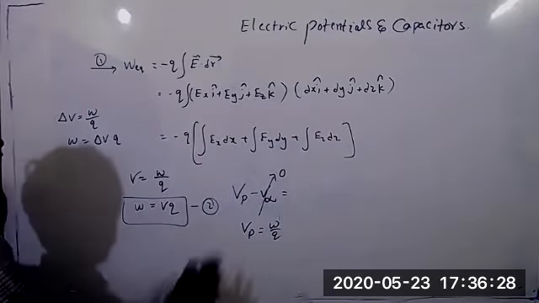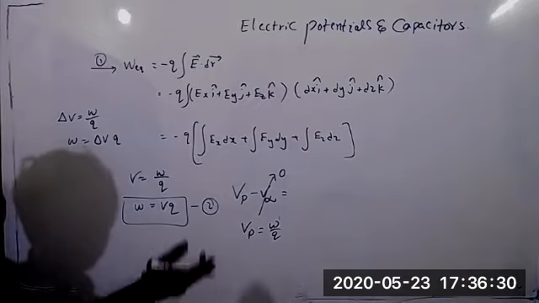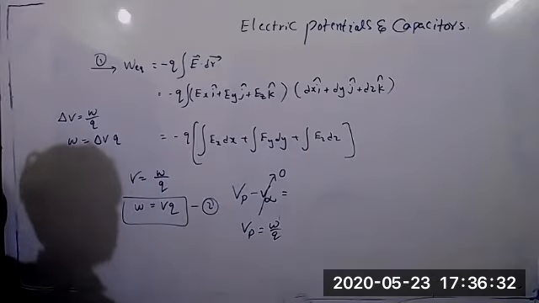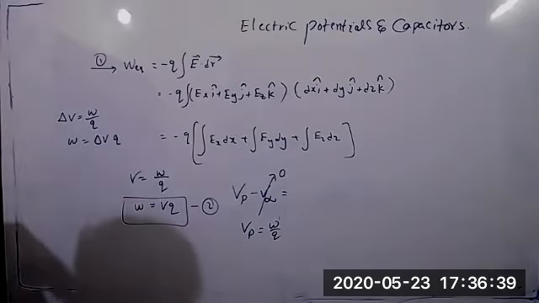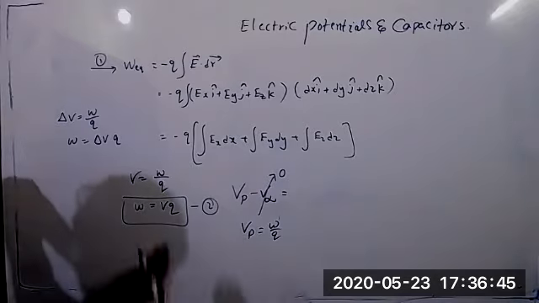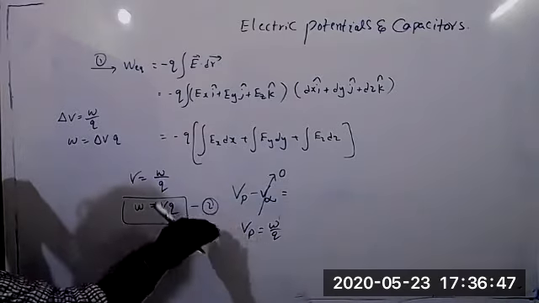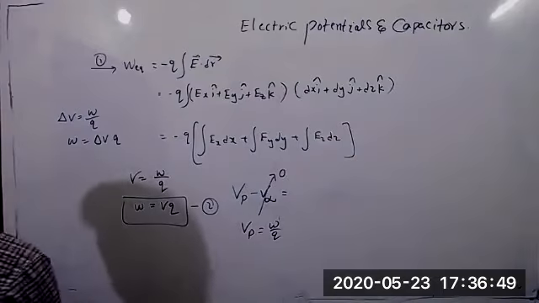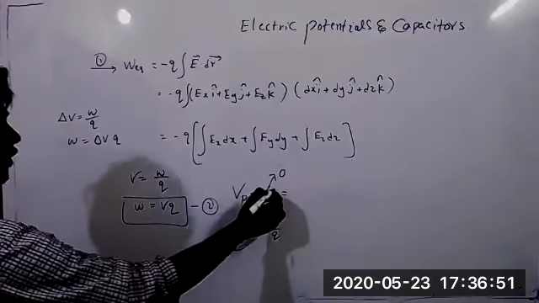If you don't assume that, then it is also potential difference only. That means there is no formula for potential. Due to assuming, we got the formula for potential. Remember, that is the reason when I was explaining potential and potential difference, first I explained the potential difference, after that I explained potential. In that potential, we assume it is 0.